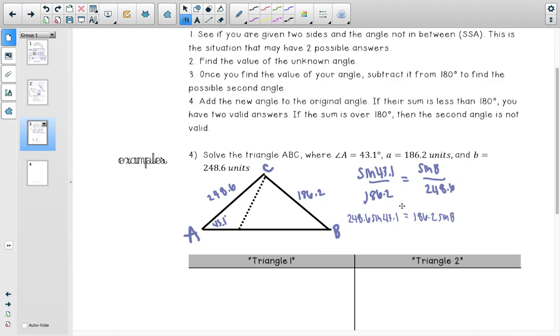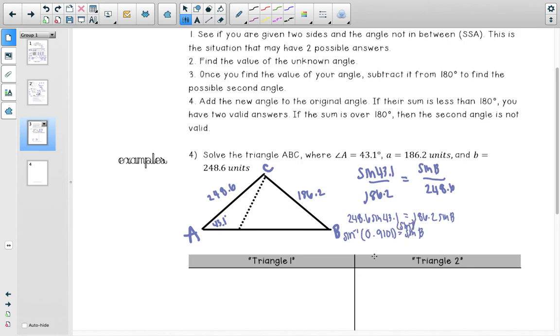Typically, I would say let's do it within the problem, but I am going to run out of room. So 248.6 times sine of 43.1, and then all divided by 186.2 gets us 0.9101.